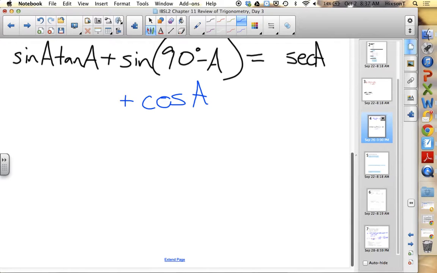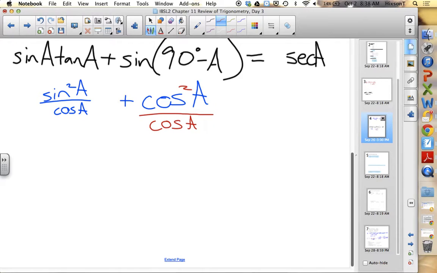What about this? Change tangent to sine over cosine. Good. This is sine squared over cosine, right? Zach? Then you can multiply the cosine of A times cosine over cosine, which will give you cosine squared over cosine.